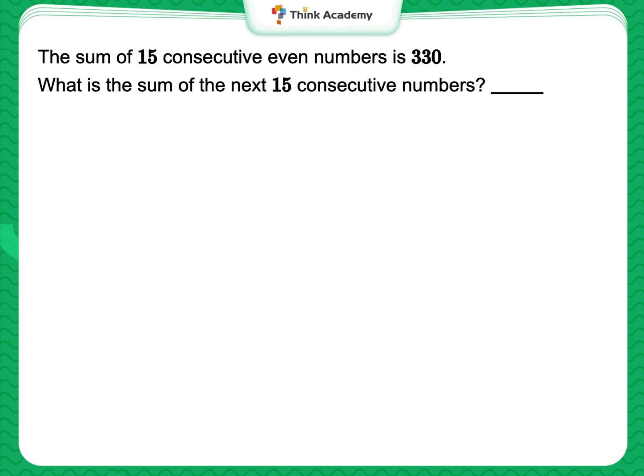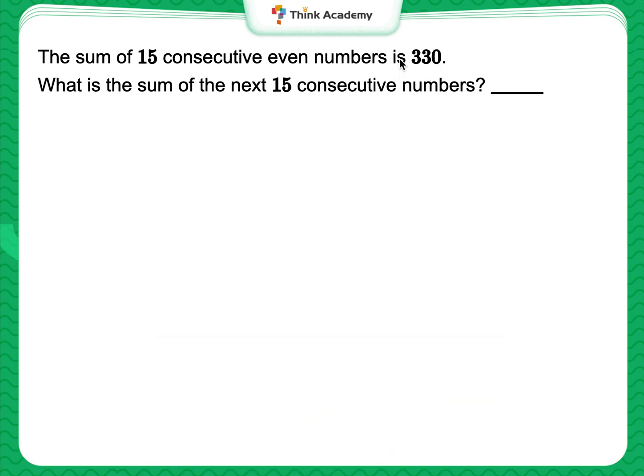All right. So first of all, you need to know the median principle for the arithmetic progression, which is if you know the median or the middle number of any arithmetic progression, you can just multiply the median by the number of terms to get the total. So now we can see that there are 15 numbers and the total is 330.